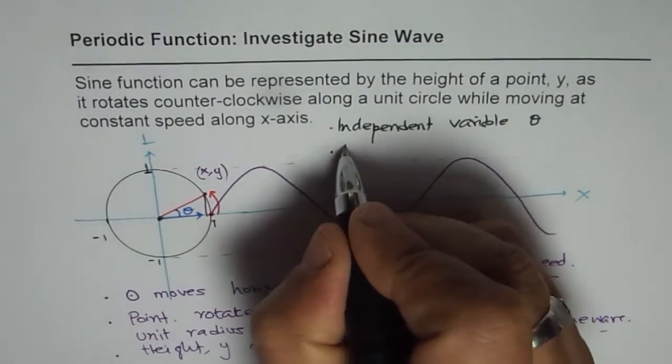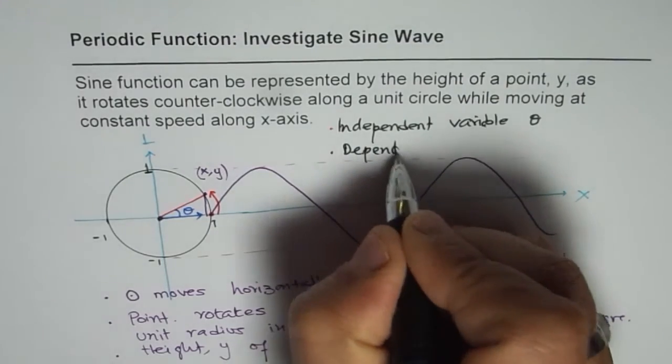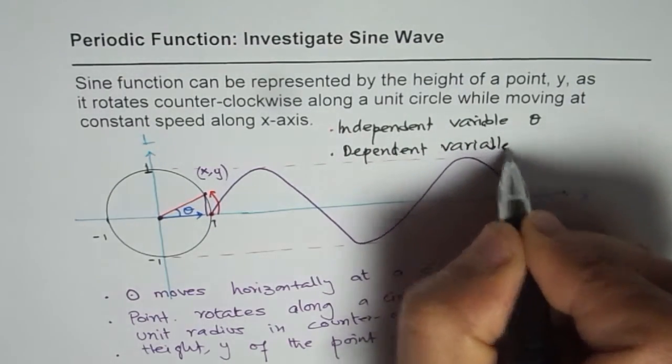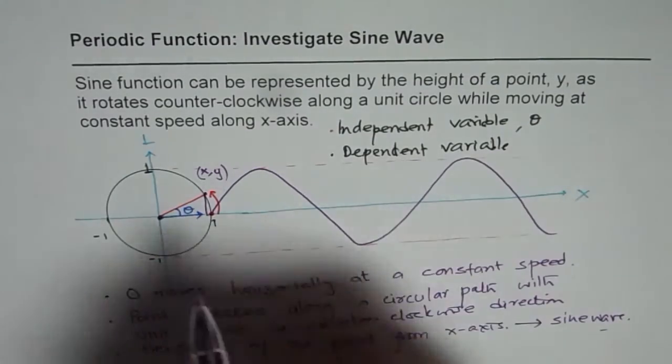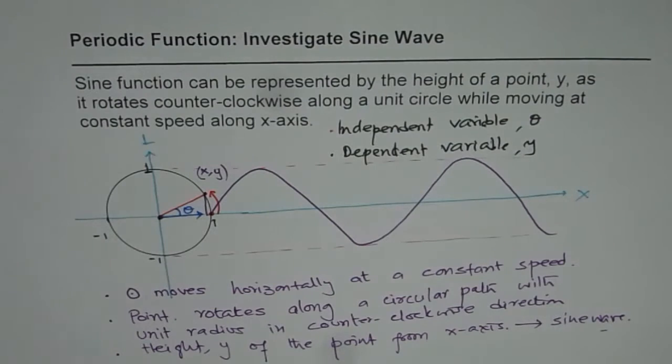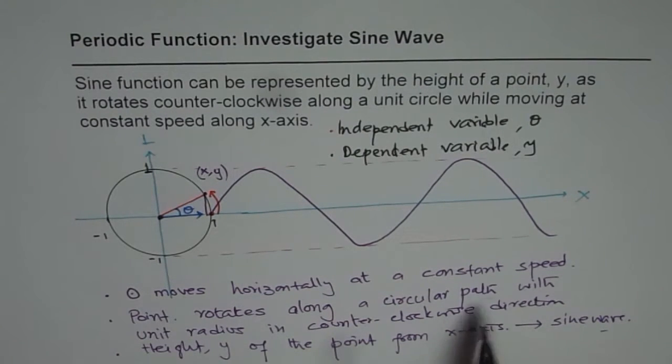The dependent variable is, for me, height, which is y in this case, right? And what I'm saying is it moves at constant speed.